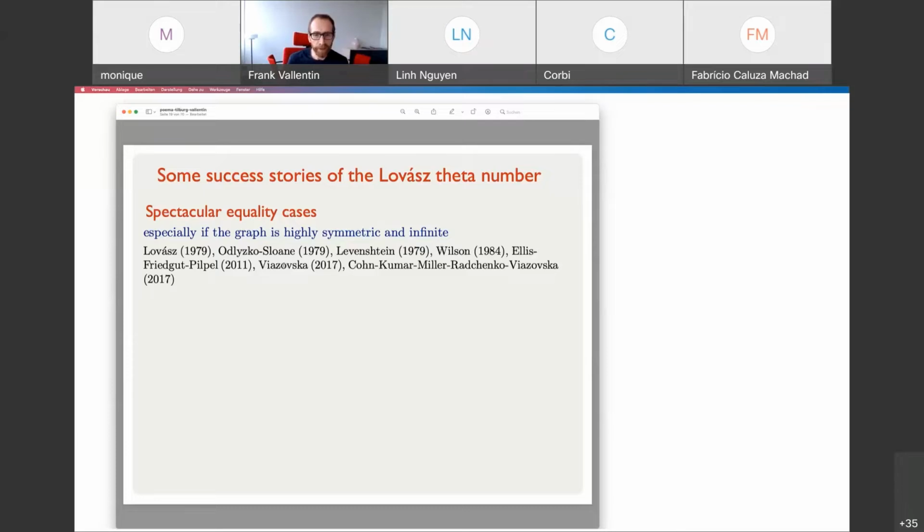And then you have the spectacular results on sphere packings, by Viazovska solving the sphere packing problem in dimension 8, and by Cohn, Kumar, Miller, Radchenko, Viazovska solving the sphere packing problem in dimension 24. Behind this, in all situations, you can find a version of the Lovász theta number where you have equality, that alpha is equal to theta.